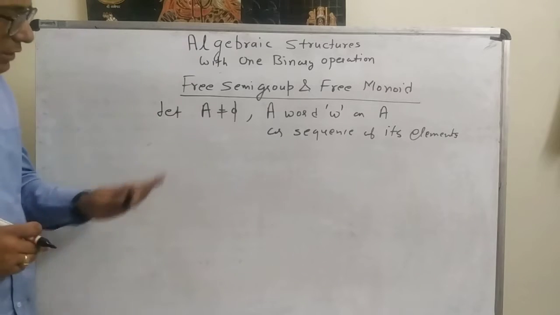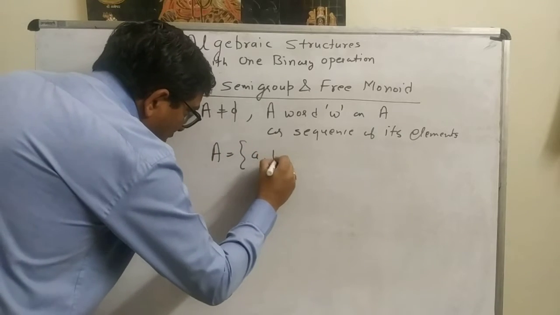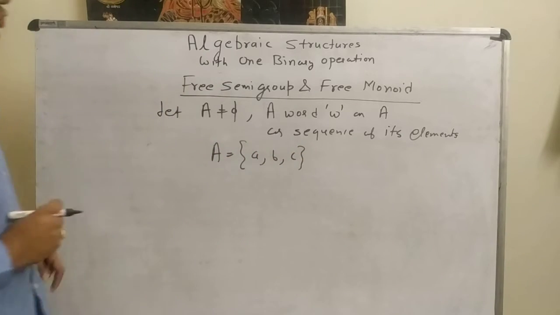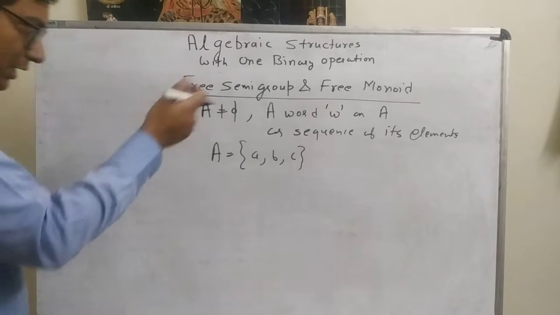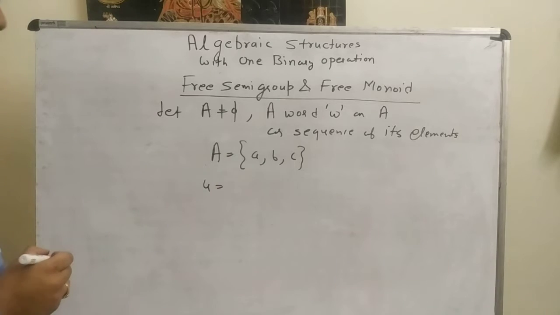To understand this, let us take the set A as {A, B, C}. Now let us try to define a few sequences of its elements.